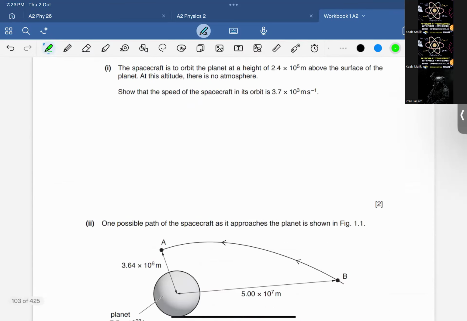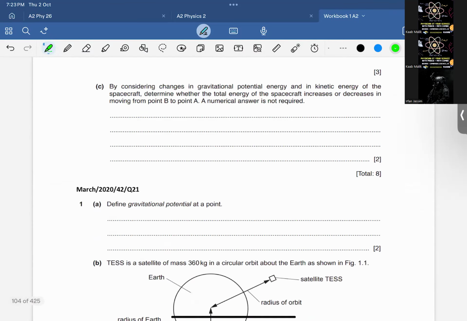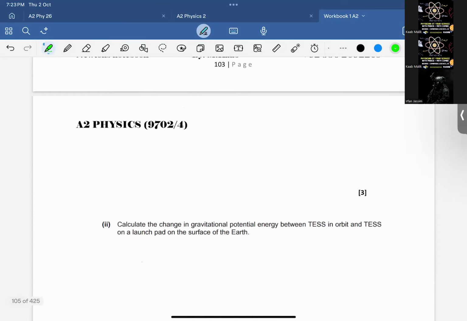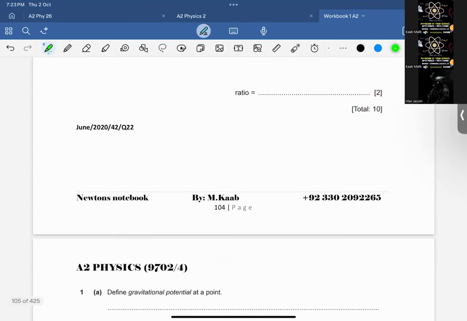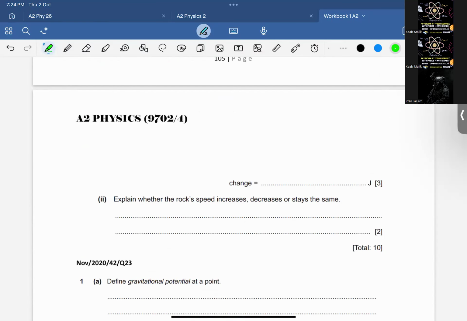We'll probably do some more questions tomorrow, or start a new chapter, probably electric field or simple harmonic motion, depending on what is going on in your school. We're doing capacitance in our school.